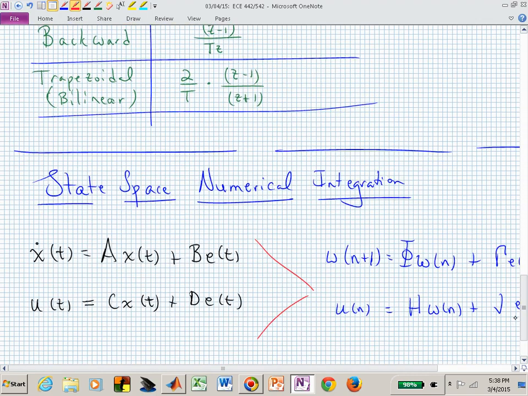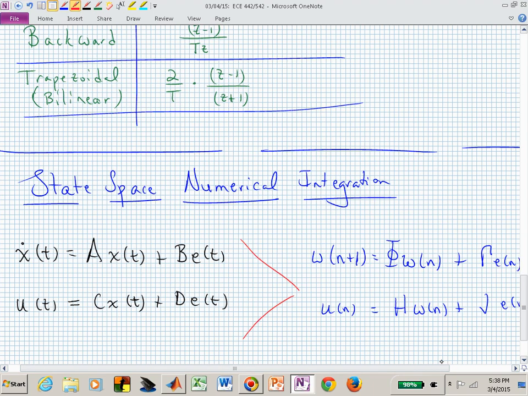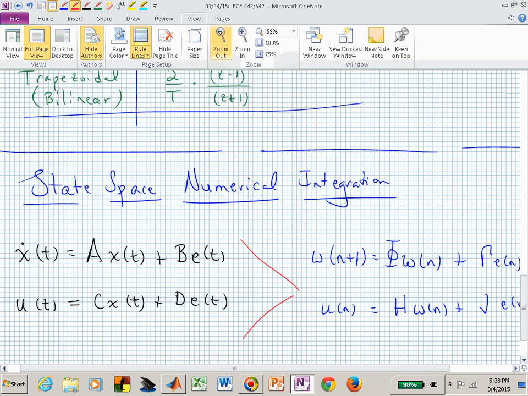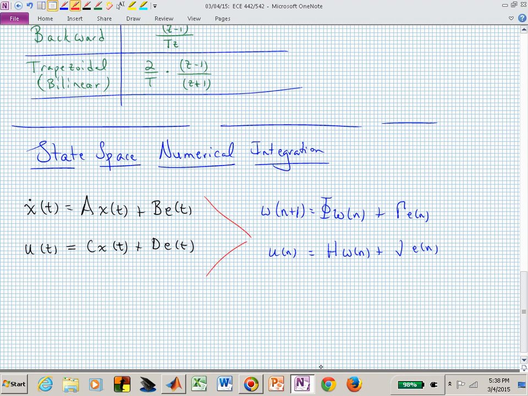Now what we want to do is actually think about that in a time domain setting. Now suppose somebody gives you a state space representation in continuous time, and you want to maybe model that filter, that controller, that system.